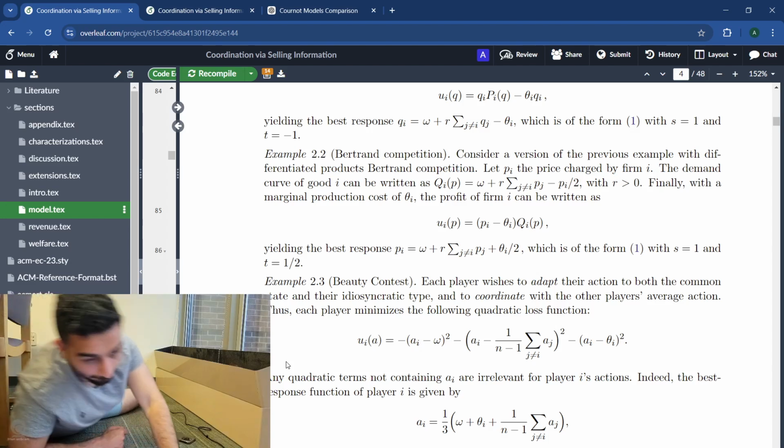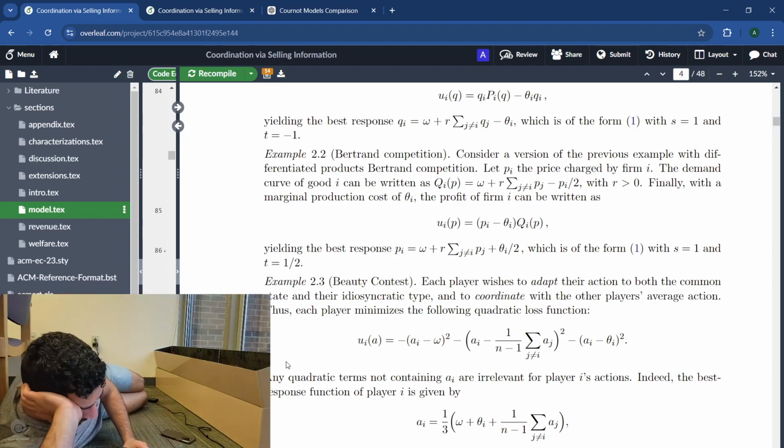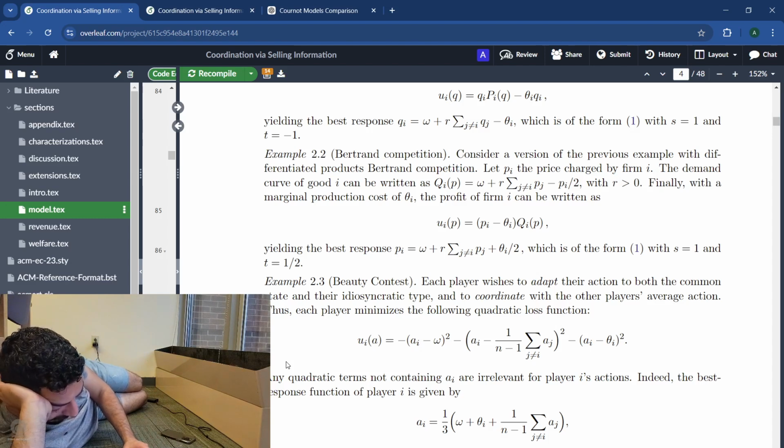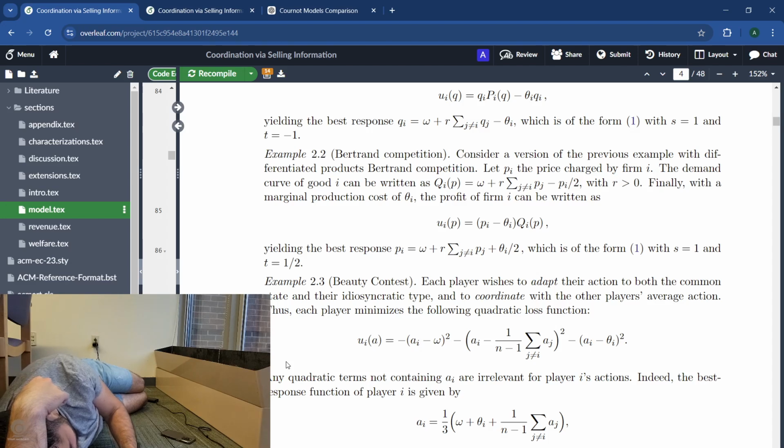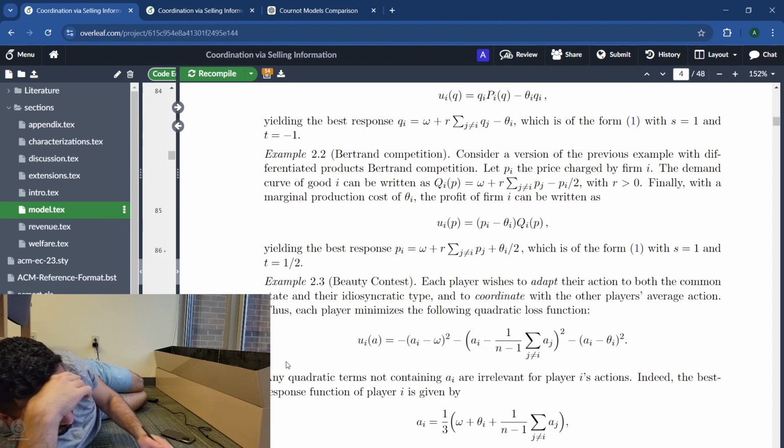Oh, it is plus, because we have PI minus theta I, minus theta times minus PI over 2 will be plus. So t is 1/2. S is 1, t is 1/2, I confirm, and that's it. I agree.